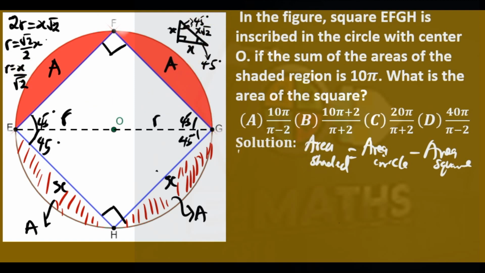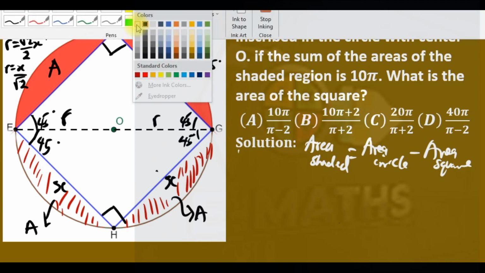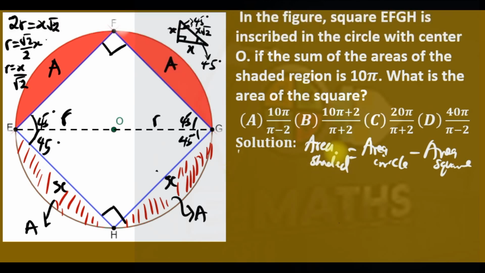So we now go over to this to get the area. The area shaded, I told you they are the same, so it's 4a, is equal to the area of a circle, which is pi r squared. Our r is x over root 2, so we have pi times x over root 2 squared, minus the area of a square, which is x squared.